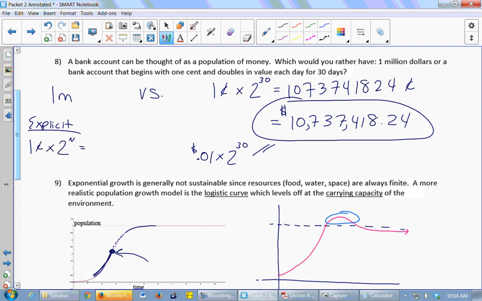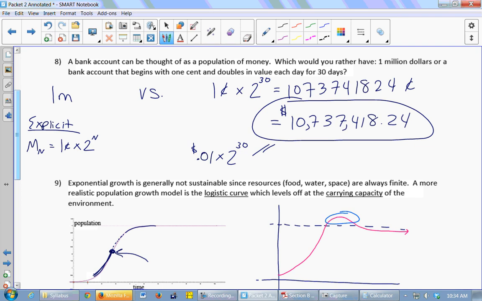That would be my money in year n. Wait, what happened? Yeah, well, equal signs are commutative, right? You can write them in. So my money in year sub n would be 1 cent and double it n times.